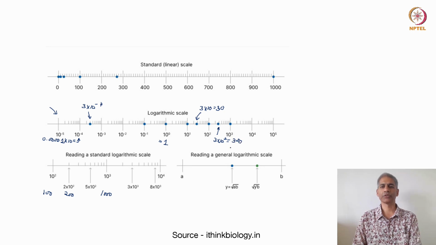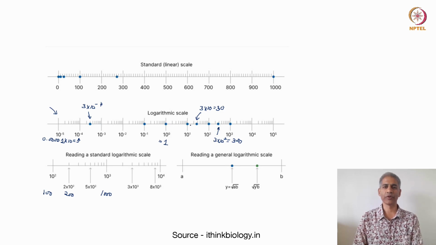And then the last point shown is 10 to the 3, which is 1,000. So we immediately see the benefit of using a log scale because it allows us to represent numbers across a very wide range. So I'm actually going from 10 to the minus 4 to 10 to the third.